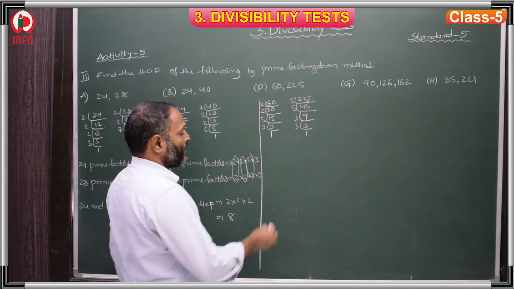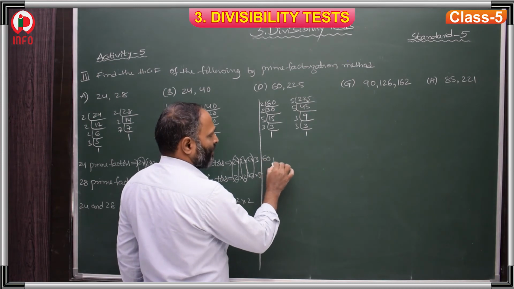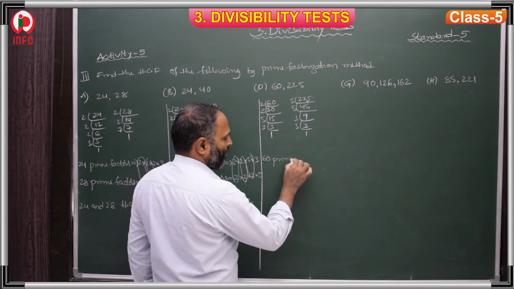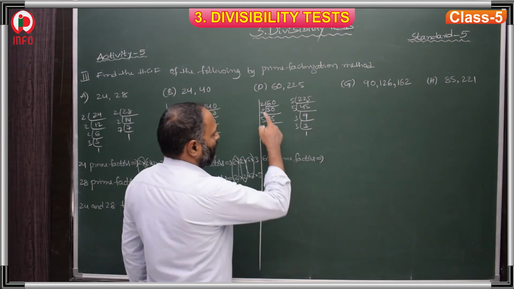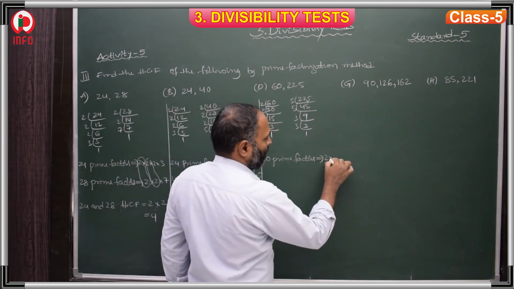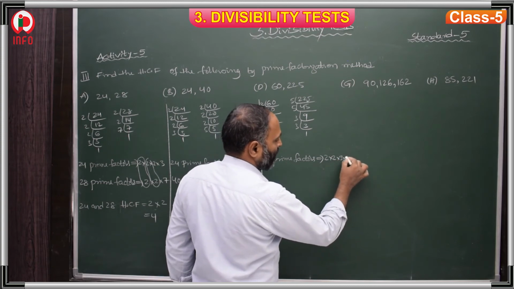Now 60 prime factors: 2 into 2 into 3 into 5.